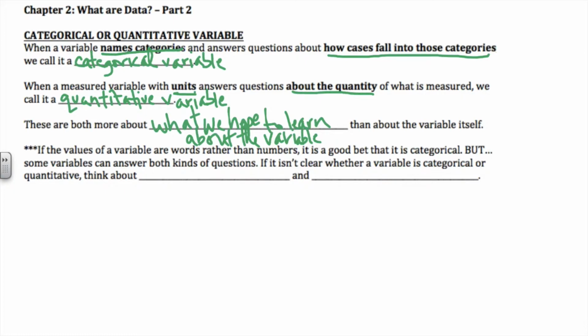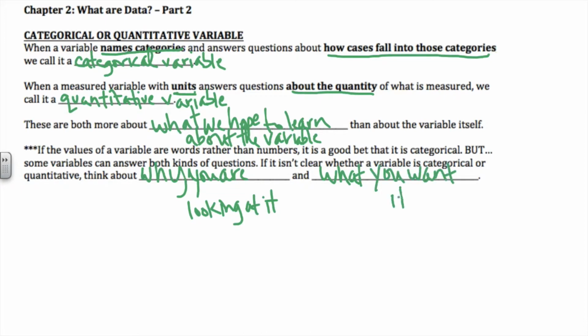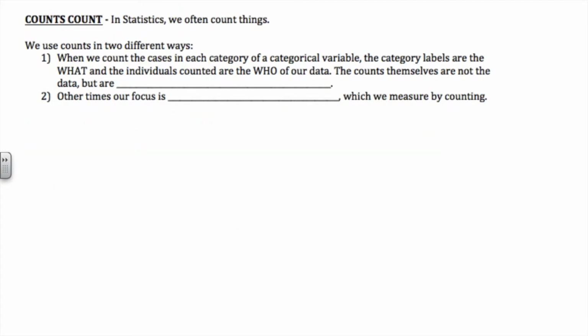So if it isn't clear whether a variable is categorical or quantitative, you need to think about why you are looking at it, and what you want it to tell you.